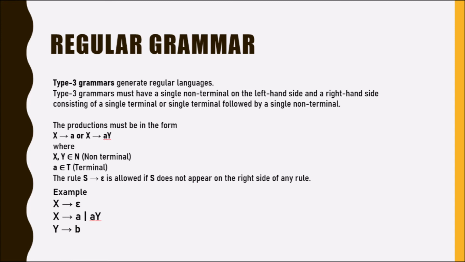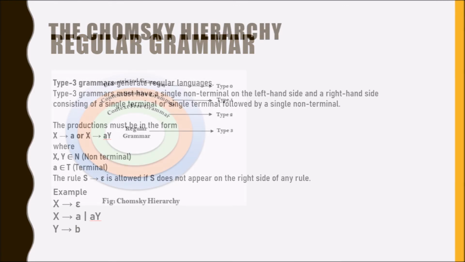The production must be in the form of X goes to alpha or X goes to alpha Y, where X and Y are non-terminals and alpha must be a terminal. The rule S goes to phi is allowed if S does not appear on the right side of any rule. Here also S is a starting symbol. So we have our examples: X goes to phi, X goes to a, or X goes to aY.